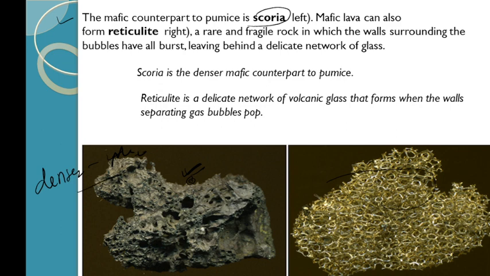But reticulite is a delicate network of volcanic glass that forms when the walls between gas bubbles spread. These are glassy materials, but scoria is denser, block-like mafic material. So scoria and reticulite are both different, so underline them.